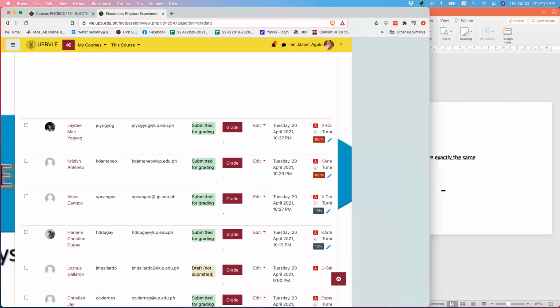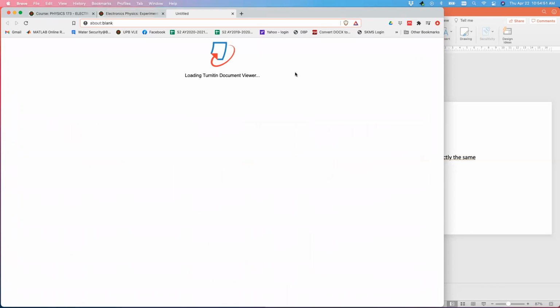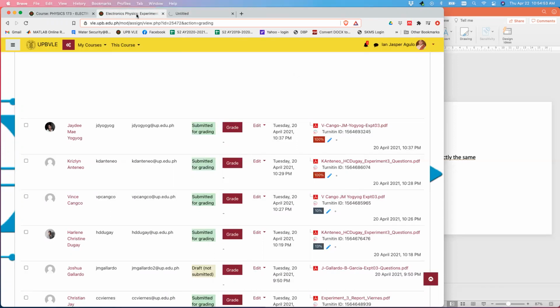Yan. Ito. So for example, ito si Vince at saka si JD, okay? Nakikita dito, dun sa Turnitin, may Turnitin kasi na feature yung VLE. Makikita na 100% similar. Okay, kanino siya similar? So actually makikita na similar siya kay Vince.